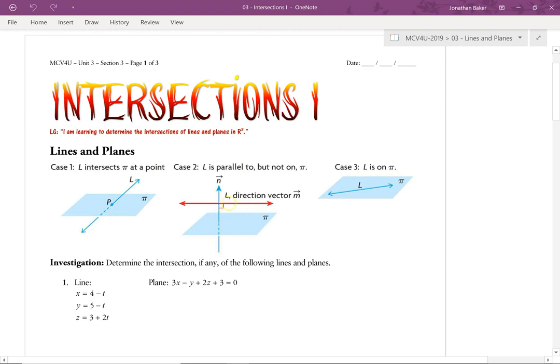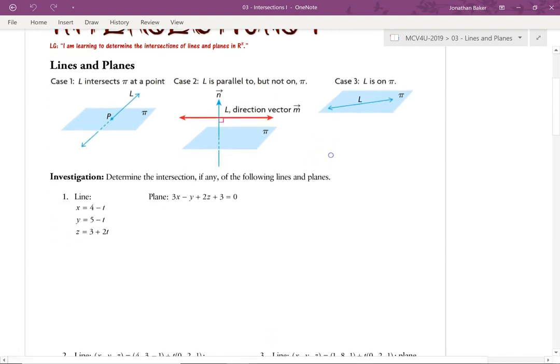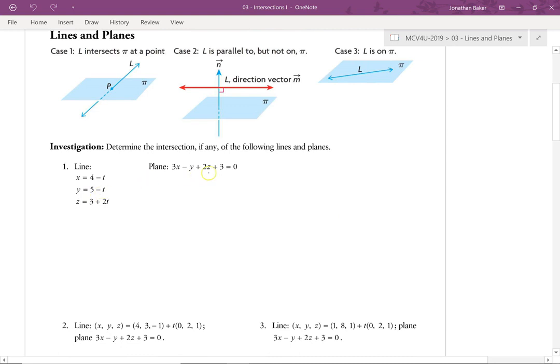which you can see here. So these are the three possibilities, and what we're going to do next is learn how to determine which is which when we're given, literally, their equations. So when we're given the parametric equations of a line, like this, and a plane, and we're asked to find the intersection, if any, this is probably the most simple situation that can arise, because we've been given parametric equations, an expression for x, y, and z.